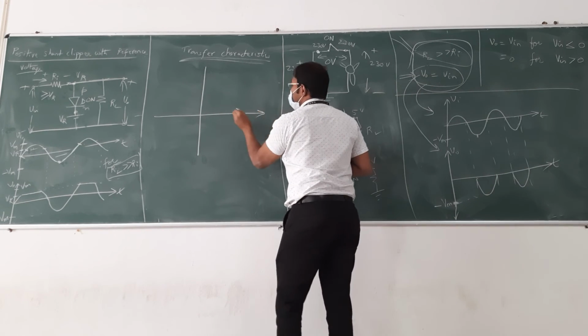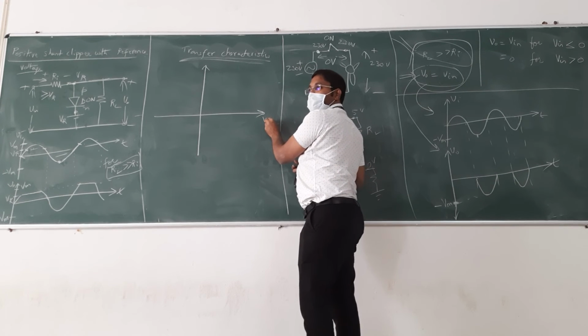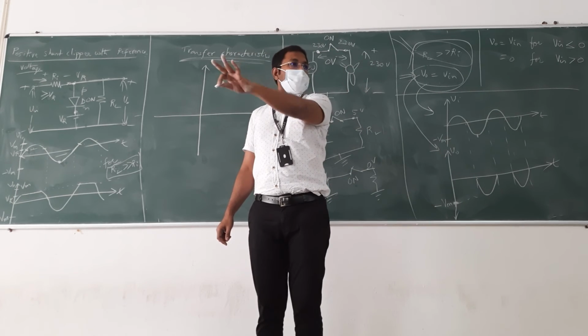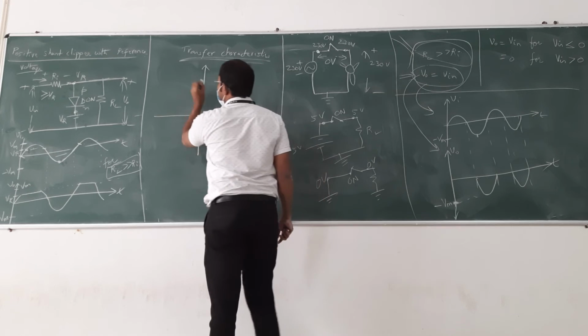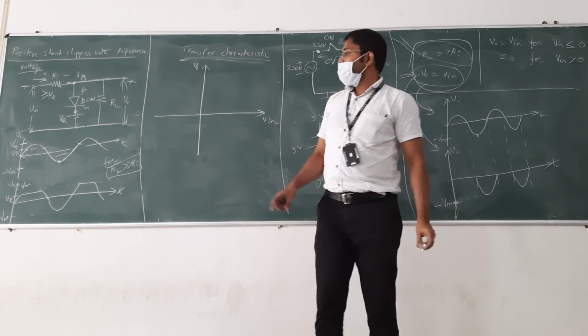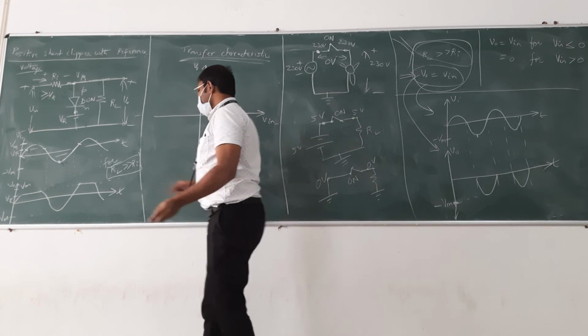Transfer characteristics, what is the x-axis? Transfer characteristics is input voltage versus output voltage. Anyway, first, what will be the mathematical relation here?